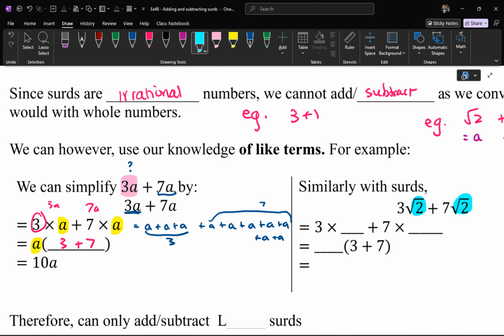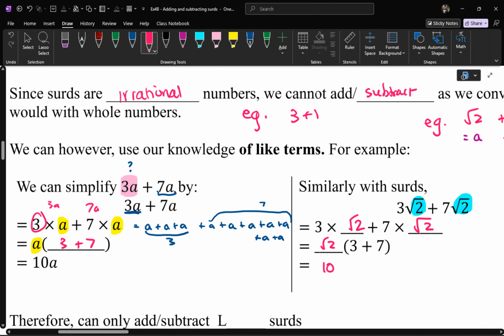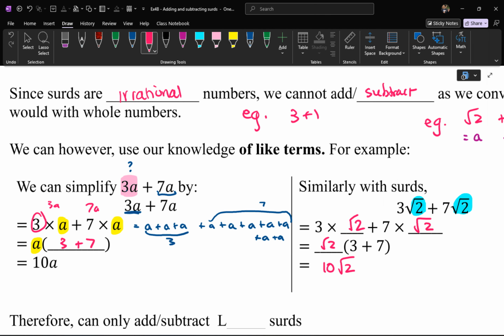So if I got 3 groups of this root 2, and I've got 7 groups of this root 2, and if I factorized it out, it should be the same idea. It should still be root 2 at the front, and then 3 plus 7 in the brackets. 3 plus 7 I can add conventionally because they're both rational numbers. 3 plus 7 is 10, and so my answer is 10 root 2. This is the proof to the understanding of addition and subtraction of surds.